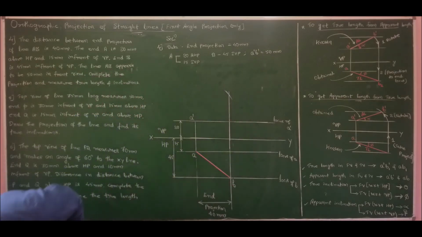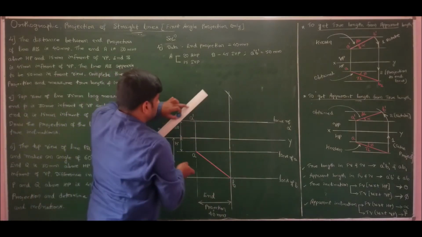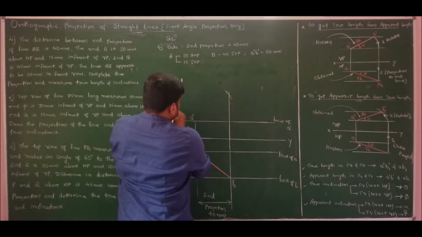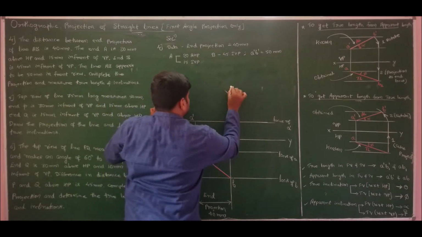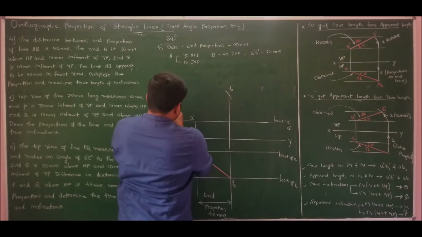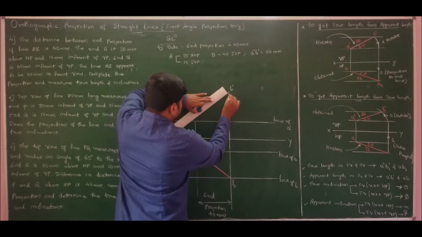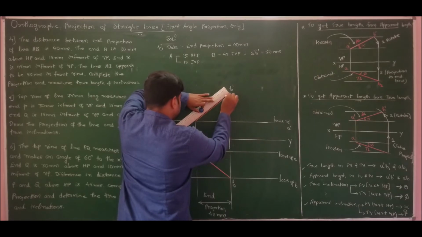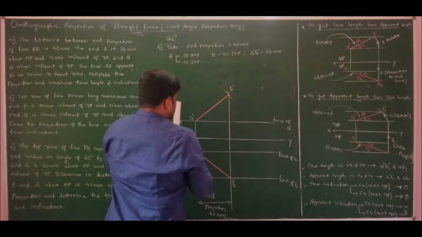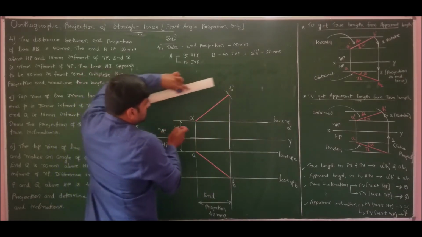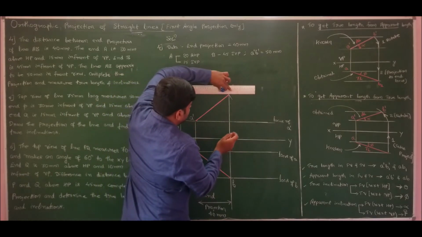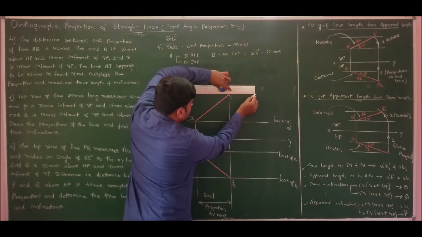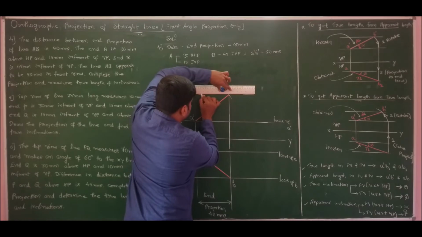Thereby I got point B dash. Since A dash B dash is the apparent length, draw a dark, very thick line whose thickness is 0.5 millimeters. Thereby I can fix the locus of B dash. So this will give us the locus of B dash.